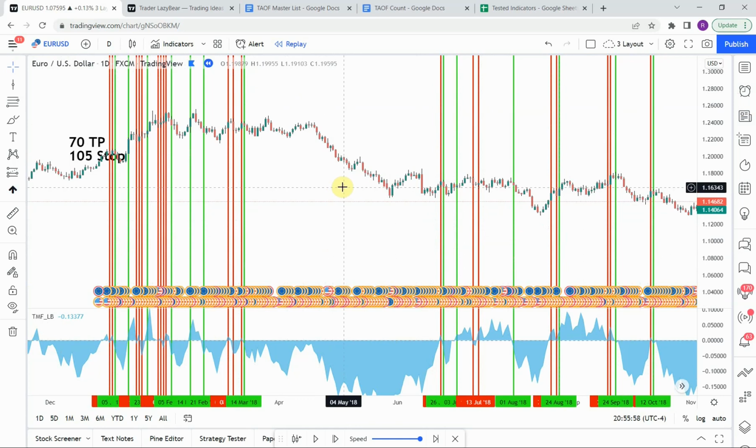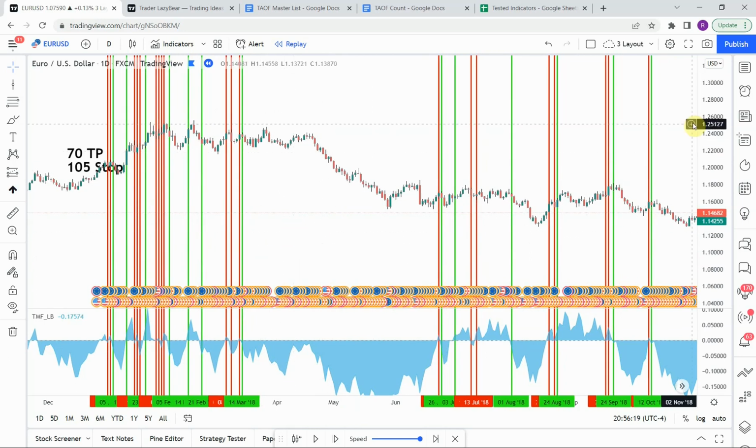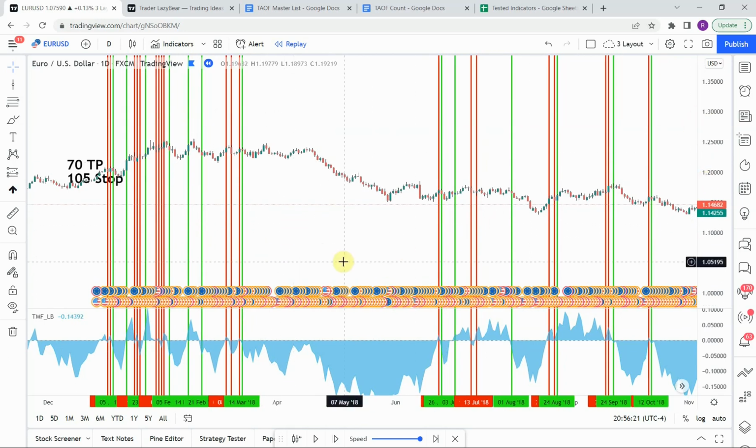So we have 33 trades all together, and we have 1, 2, 3, 4, 5, 6, 7, 8, 9, 10, 11, 12, and 13 winning trades. And so unfortunately, that is not going to meet the 60% criteria that we are looking for.